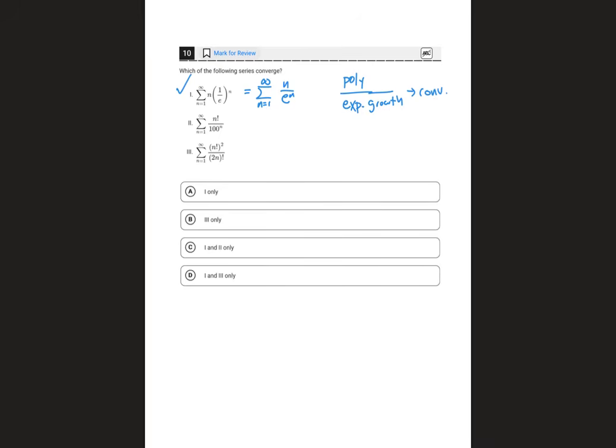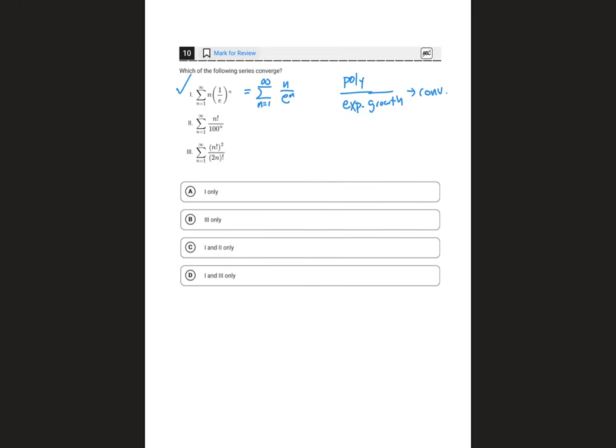Okay, the next one has factorial in the top and exponential in the bottom. That's going to diverge. So factorials, once n gets to a certain value and beyond, will increase a lot faster than any exponential. It doesn't matter how big the base is, because you can see for this one, once n gets to be 100 and beyond, every increase in n, for the factorial, will increase it by a number bigger than 100.